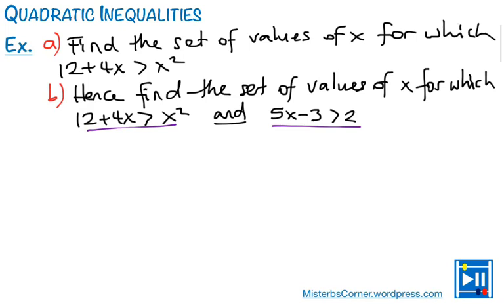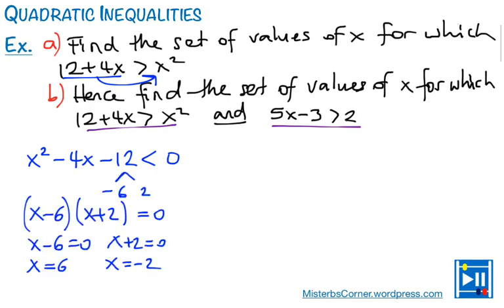Now, let's go with part A. I'm going to make this a quadratic expression where the other side would be 0. So I'll have x squared minus 4x minus 12, which is going to be less than 0, because I take these to the other side, right? If I factorize this and solve, I'll find the critical values, the roots.